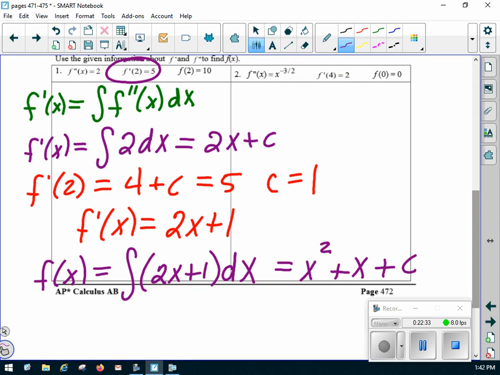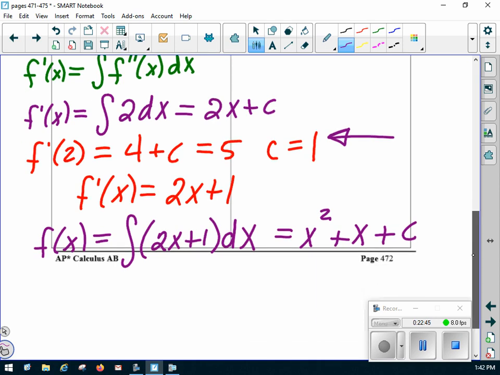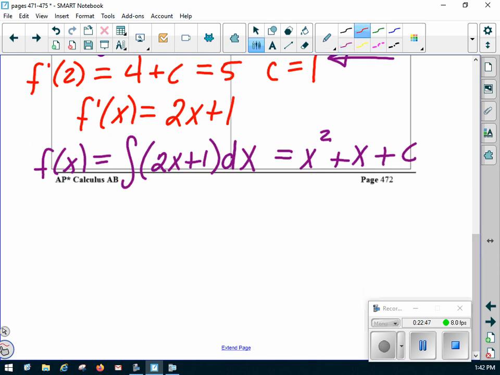No, c was 1 here. C might not be 1 next time. Look what I know this time. I know f of 2 is 10. So f of 2 is going to be 2 squared plus 2 plus c.